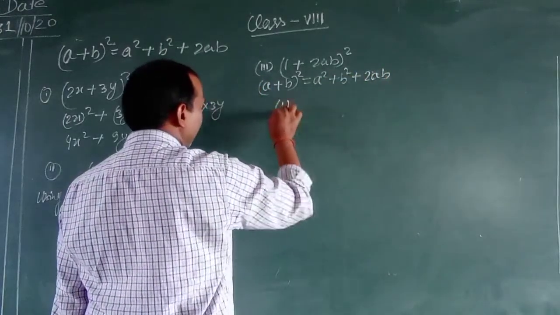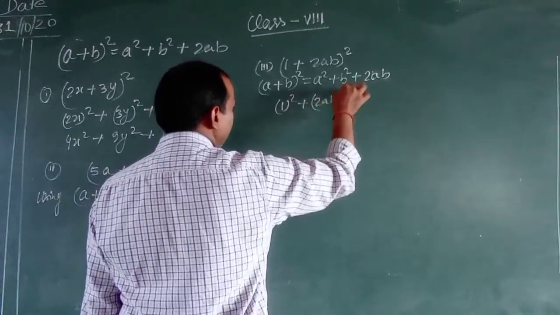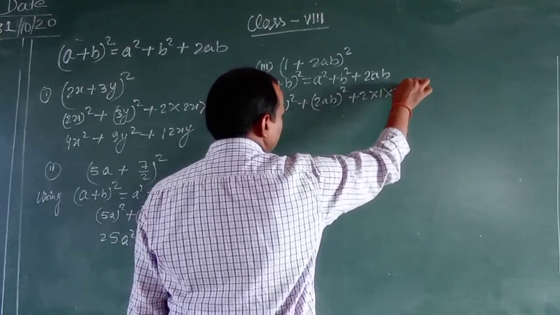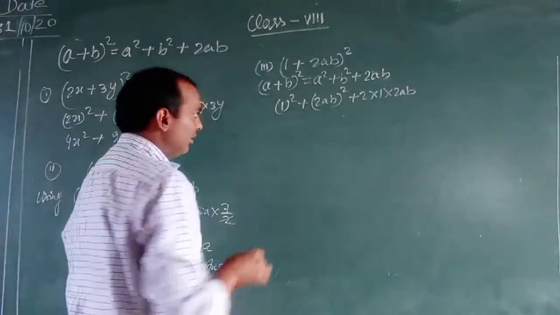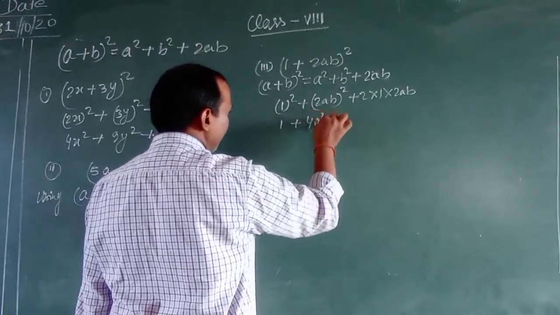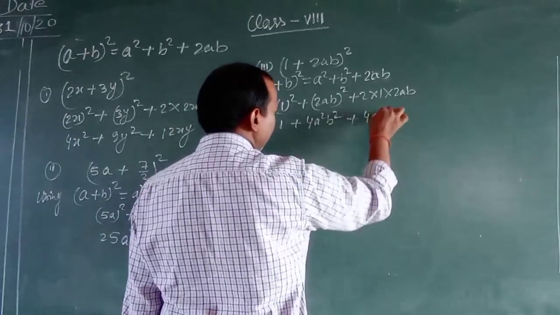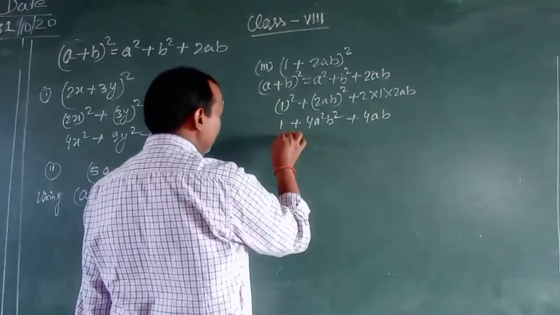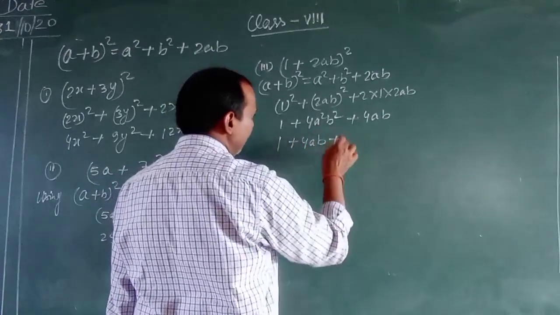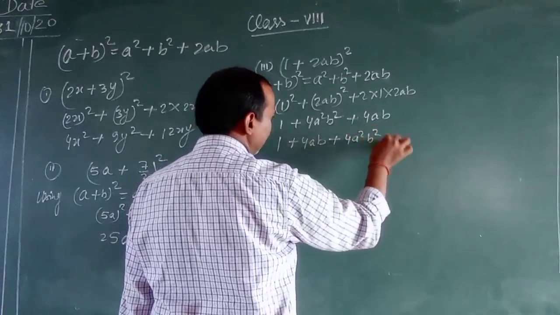It means 1 square, second term it means 2ab square, plus 2 into first term 1, second term 2ab. Here 1 square 1, 2 square 4, a square b square, plus 2 into 2 is 4ab. Or you can write 1 plus 4ab plus 4a square b square.